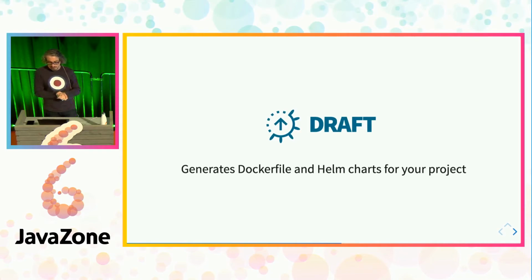Draft, again, what I mentioned, will generate Dockerfile and Helm charts. So you have a Java project or any project, you run draft against it, or you run jx import to import it to Jenkins X, and it will run draft for you. And it's going to detect, and it's going to say, oh, okay, this is a Java project. So I'm going to create a Dockerfile for Java from the OpenJDK Docker image.